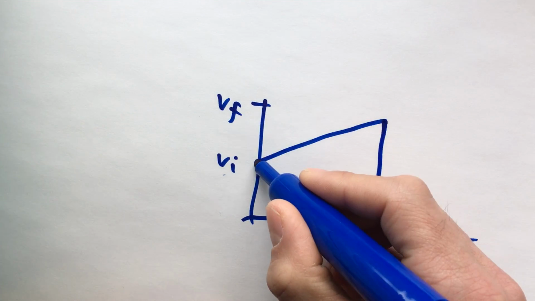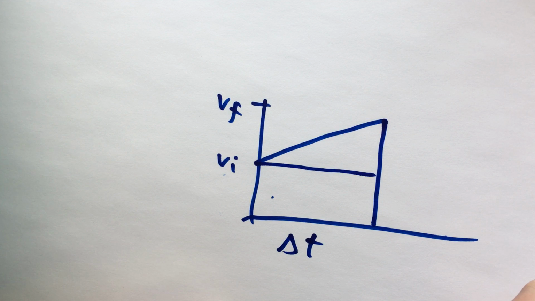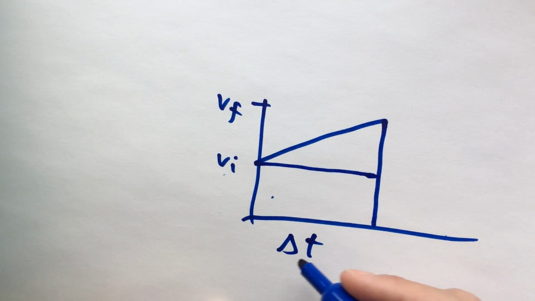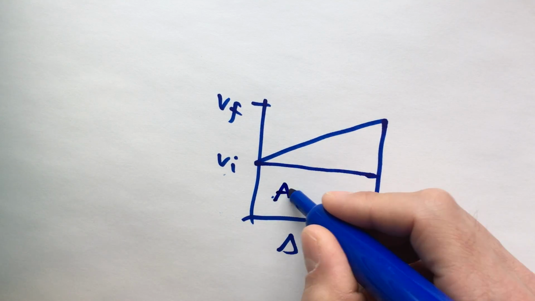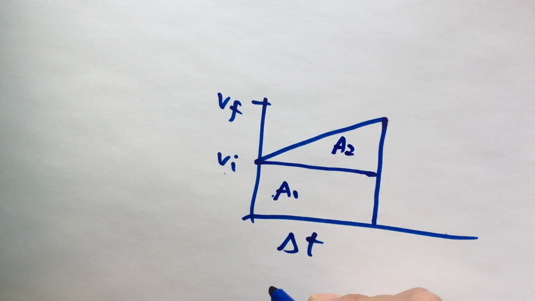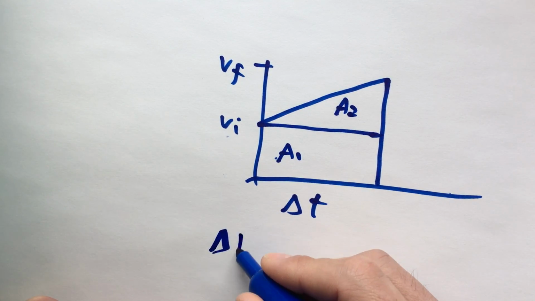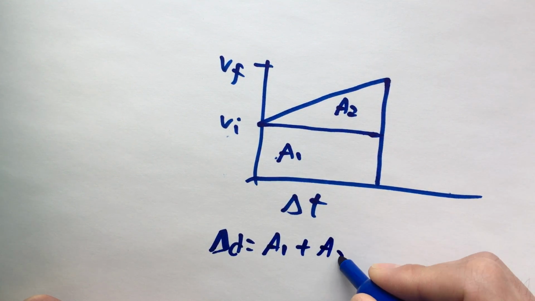We have a composite figure here. We have a rectangle and a triangle. Let's call those area 1 and area 2, and the displacement is equal to area 1 plus area 2.